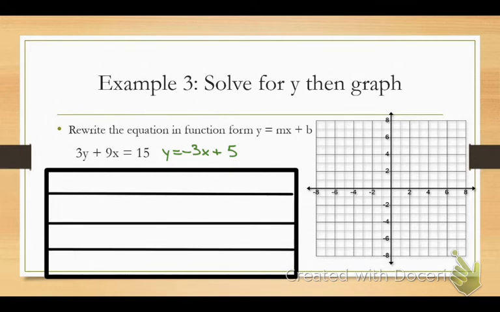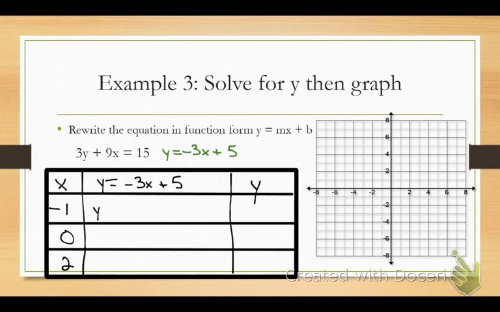Again, we don't want to use huge numbers because we have to graph it. All right, so we've got our x value and our substitution and then our y value. Okay, so we're just going to use our standard set of numbers, negative 1, 0, and 2. And we're going to plug it into our function, y equals negative 3x plus 5.